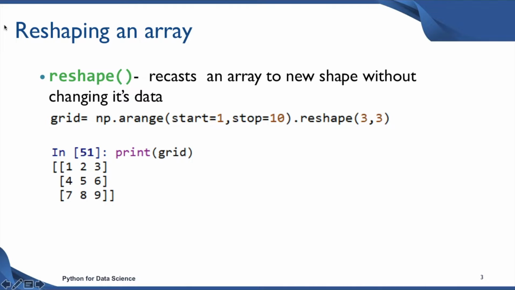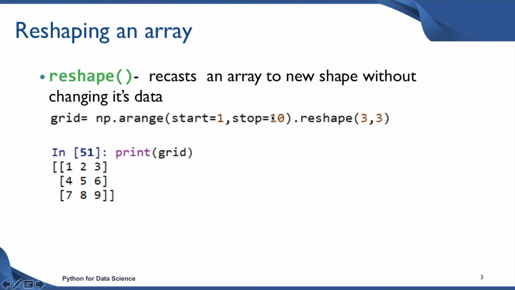So what does the reshape method do? It recasts an array to a new shape without changing its data. For example, there are 9 elements starting from 1 to 10, but 10 is not included here, right? So a total of 9 elements are there. So we could reshape into 3 cross 3, that is in multiples, right? So 9 could have the multiples 1 by 9, or 9 by 1, or 3 cross 3, right?